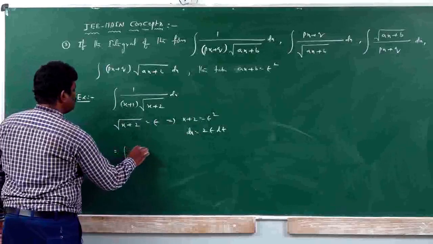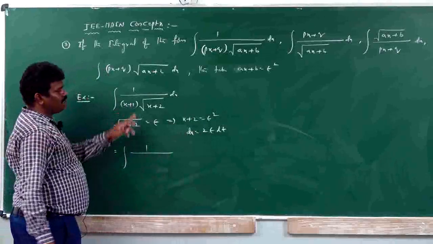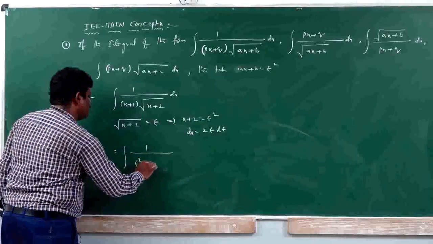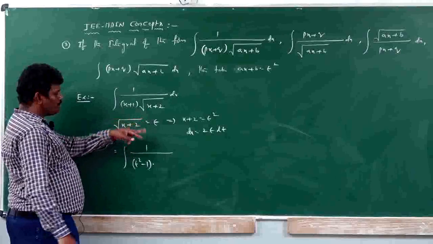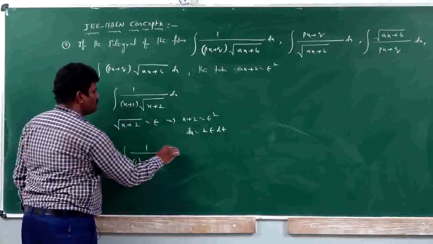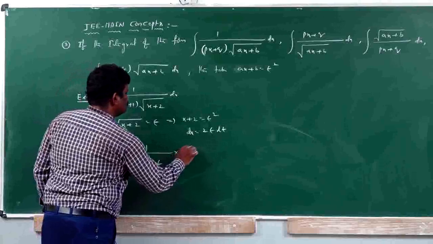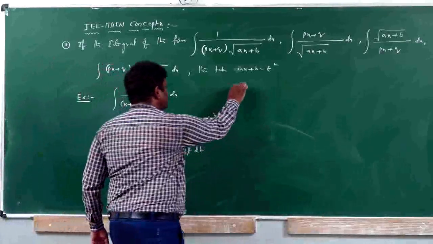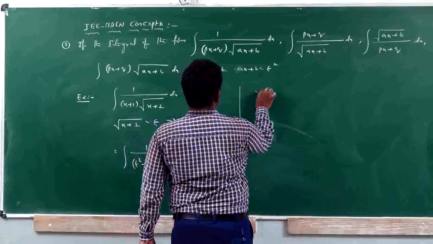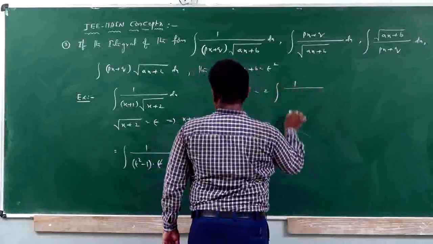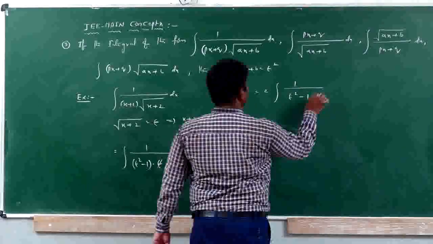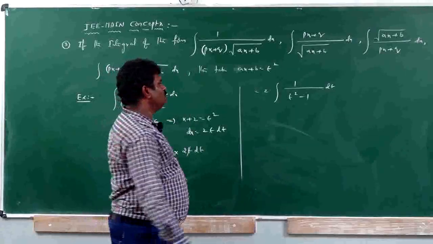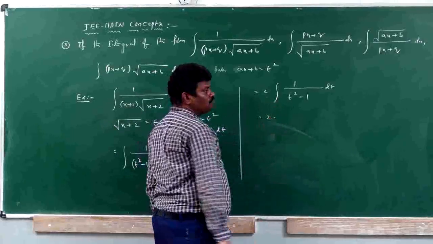That is equal to integral 1 by x plus 1, here x plus 1 is t square minus 1, into the root of this value, which is t, into dx, which is 2t dt. The t cancels. Then that is equal to 2 into integral 1 by (t square minus 1) dt. What formula is this?